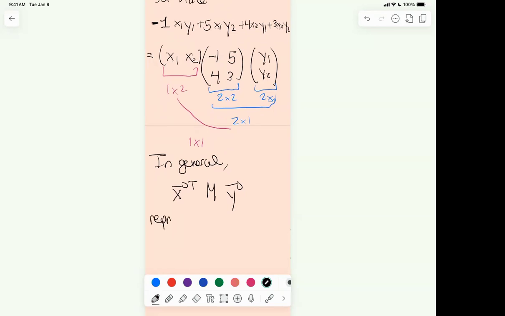Okay, so it represents the amount of money that Alice wins on average. Is that making sense so far? So far so good?